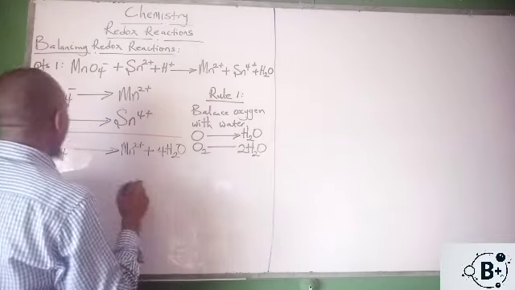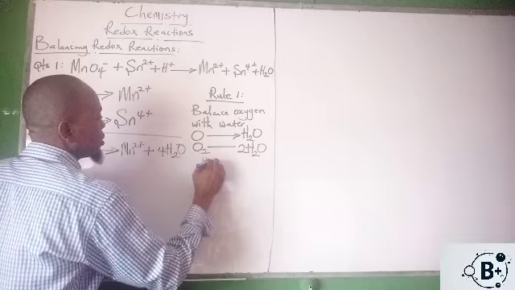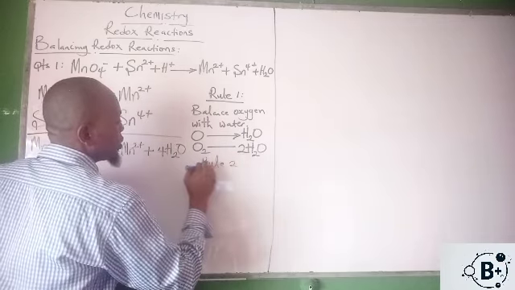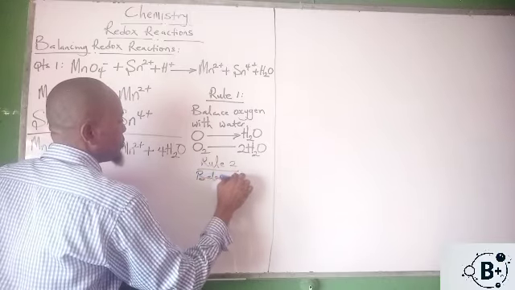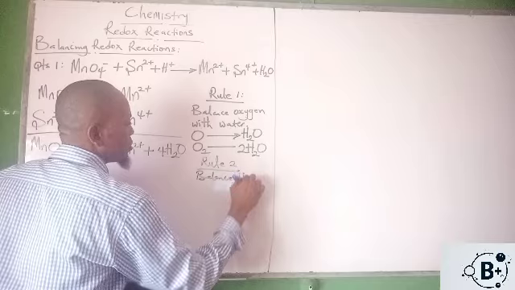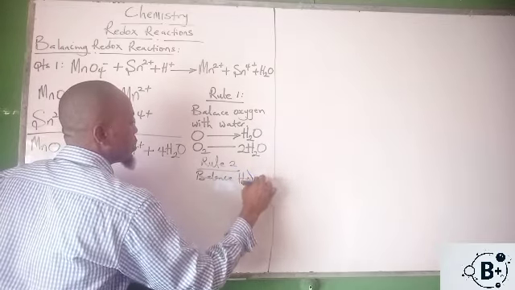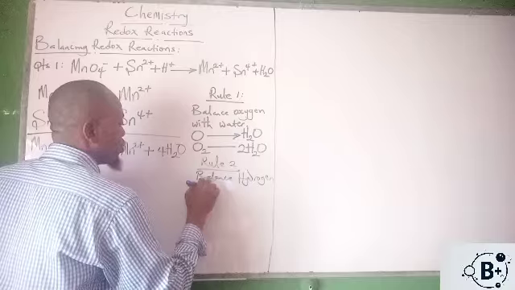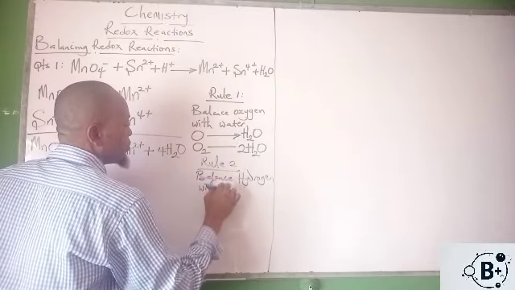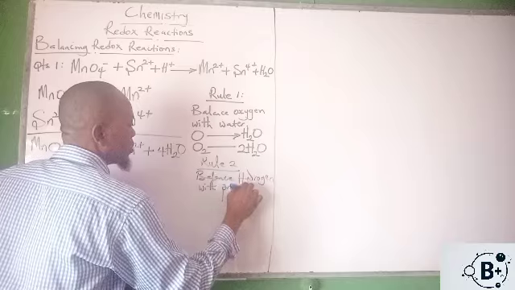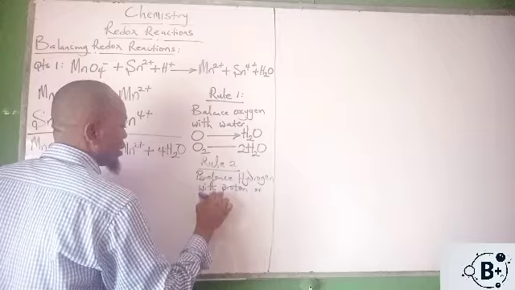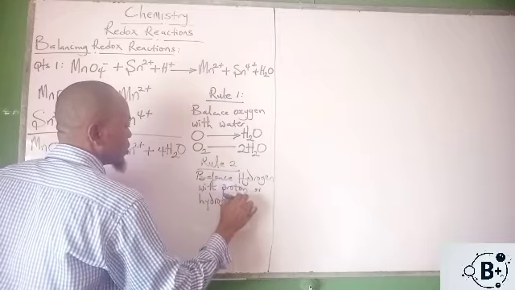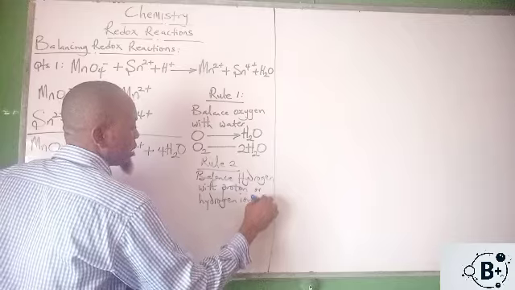So if we are balancing hydrogen, rule number 2 says that we balance hydrogen with proton, or hydrogen ion, that is H+.